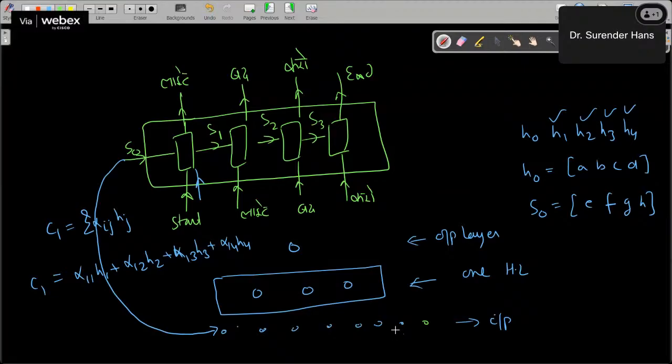Fourth time, the fourth row of this matrix. So basically, you have to put this S i minus 1 and this Hj in concatenation.